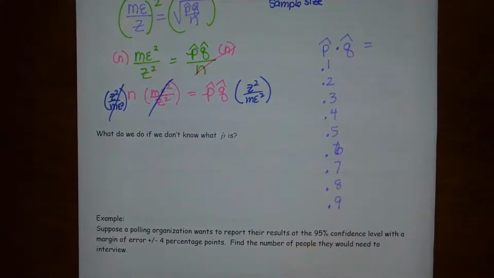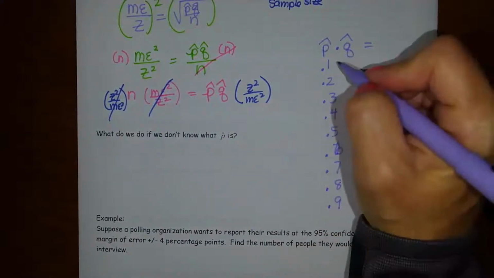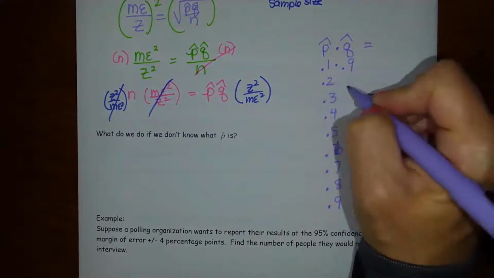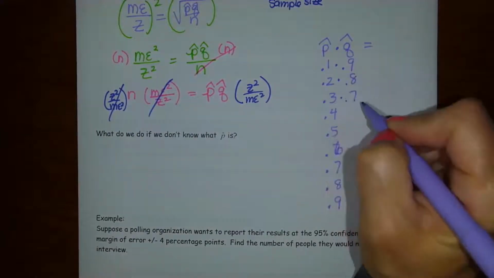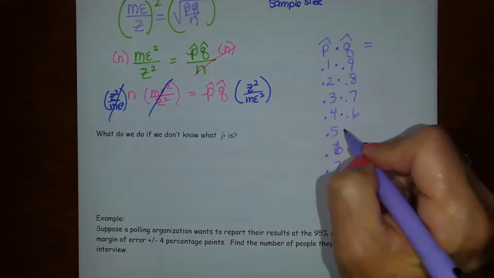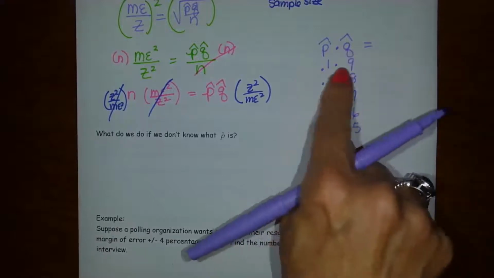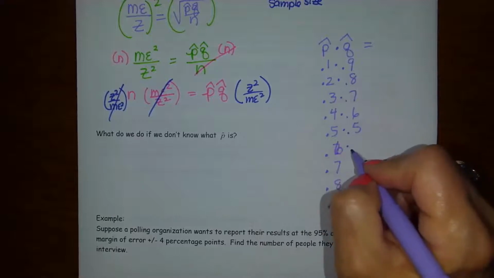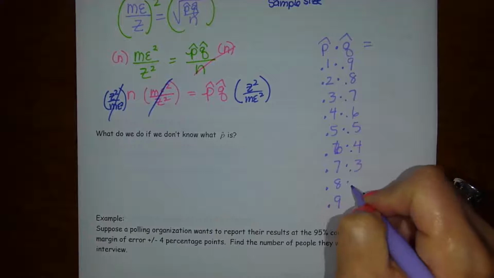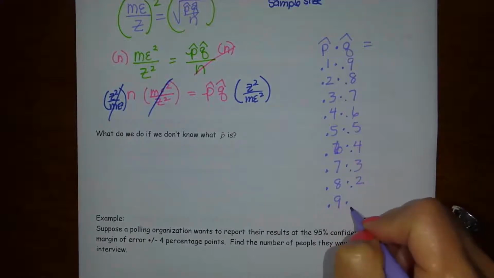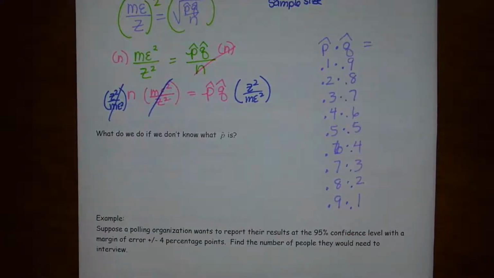Now, if you know p hat, do you know q hat? Yes. So put those in. You really don't need a calculator, right? And show this on your notes so you'll remember why we do what we do.